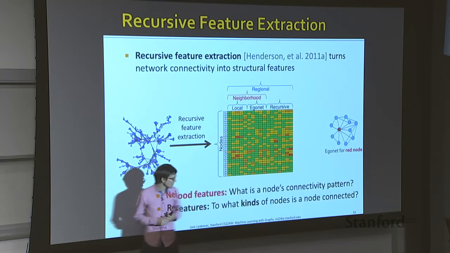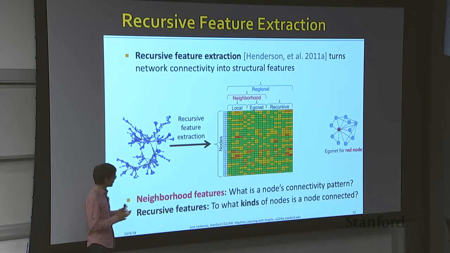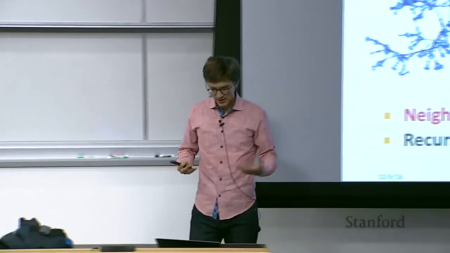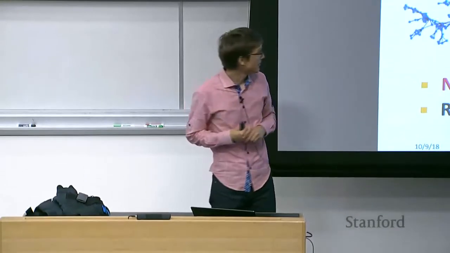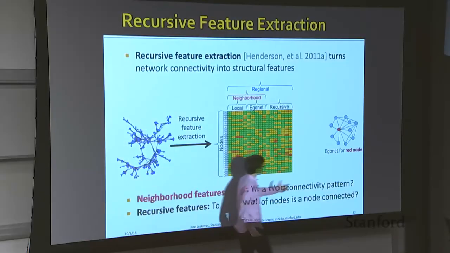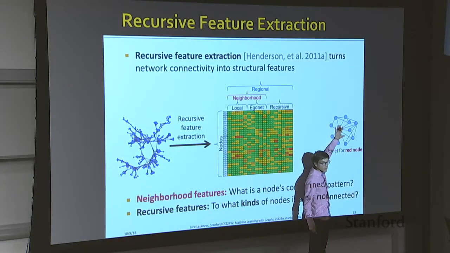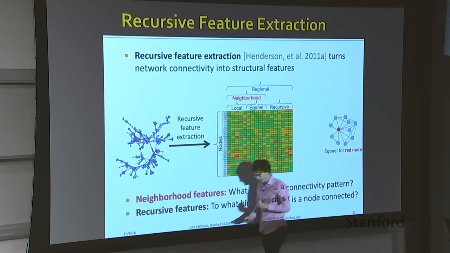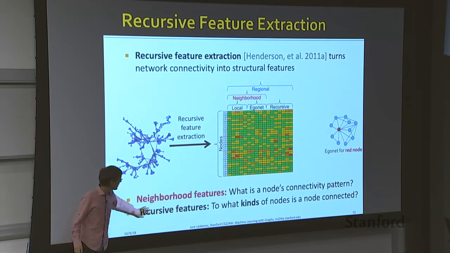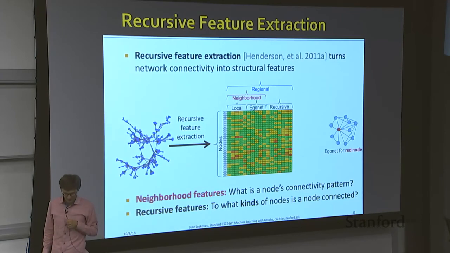So the first thing we will do is take the node and its neighbors, and come up with some features that describe them. Then at the second level, we will try to characterize the structure of this ego network. And then we will unfold this recursively. I will explain what I mean by recursively.